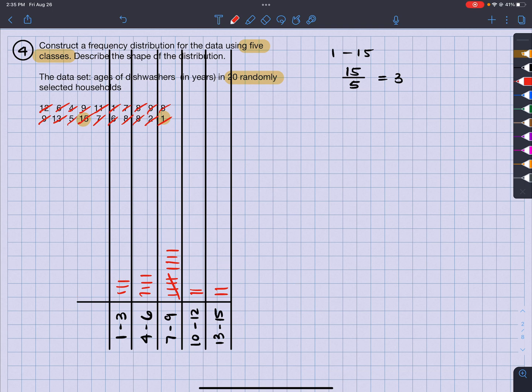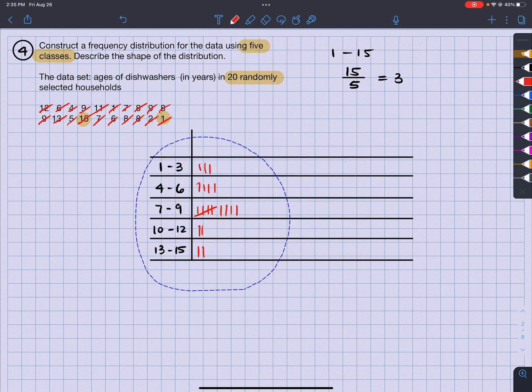It doesn't look like this, because that would be normal. It doesn't look like this, that would be skewed left. It doesn't look like this, because that would be skewed right. It looks like the lower numbers are pretty low, the number in the middle is pretty high, and the numbers on the high end are pretty low as well. So this is actually bell-shaped, and I can see that based on my tally marks.